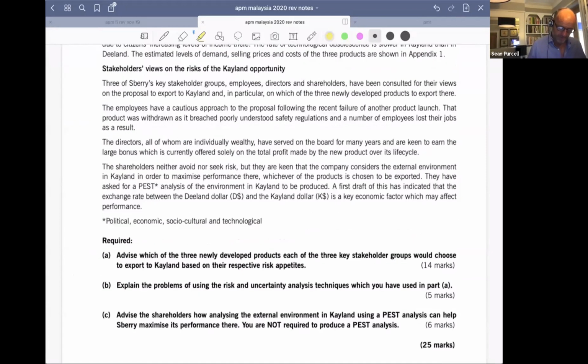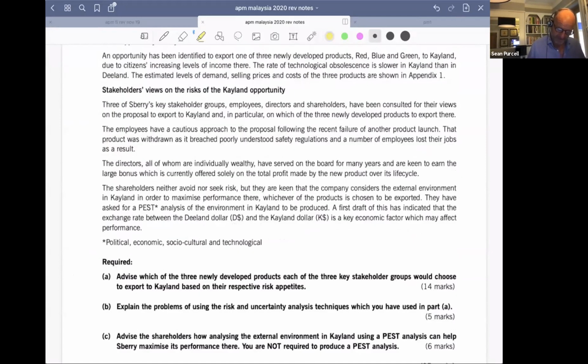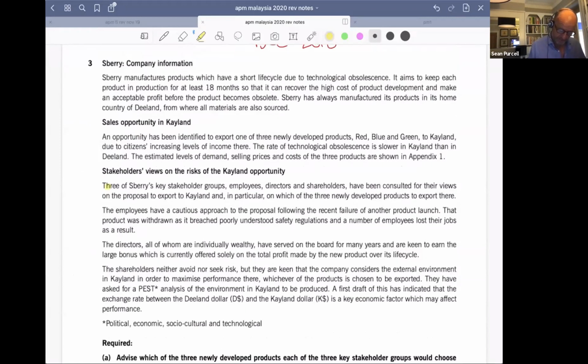So who are the stakeholders? It makes it clear who they are. It says that three key stakeholder groups, employees, directors, and shareholders, have been consulted for their views. And you've got three separate products, which are shown in Appendix 1.